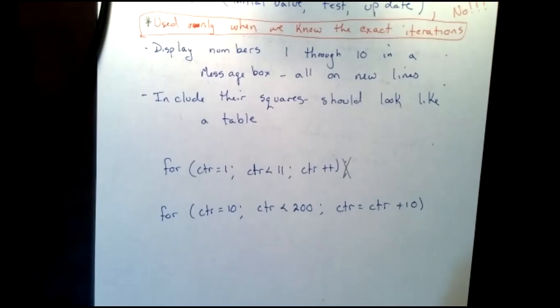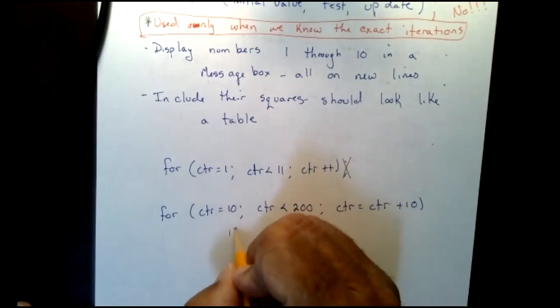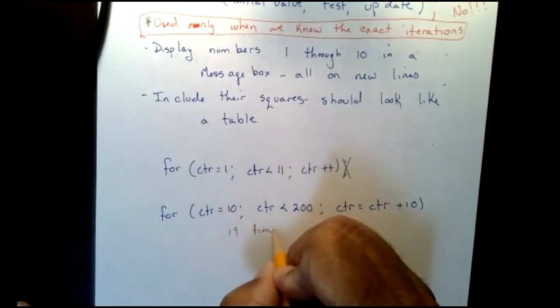Any ideas? 10, 20, 30, 40, 50, 60, 70, 80, 90, 100, and so on, 180, 190, and it would stop. So this guy is actually going to execute 19 times.